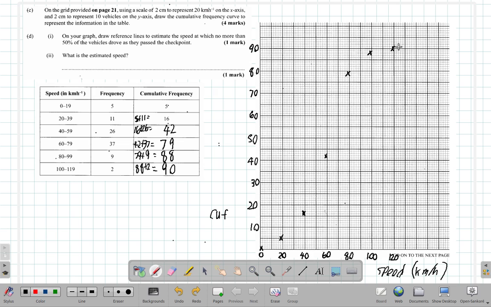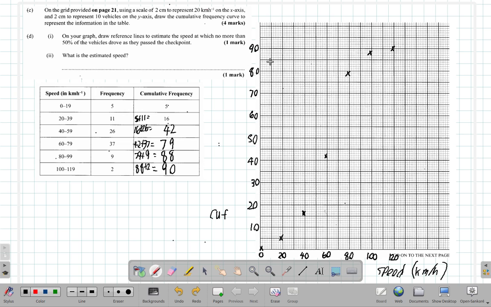So you show that you know that fact, and you plot just to the left of 120, halfway between 119 and 120. So this represents our points.